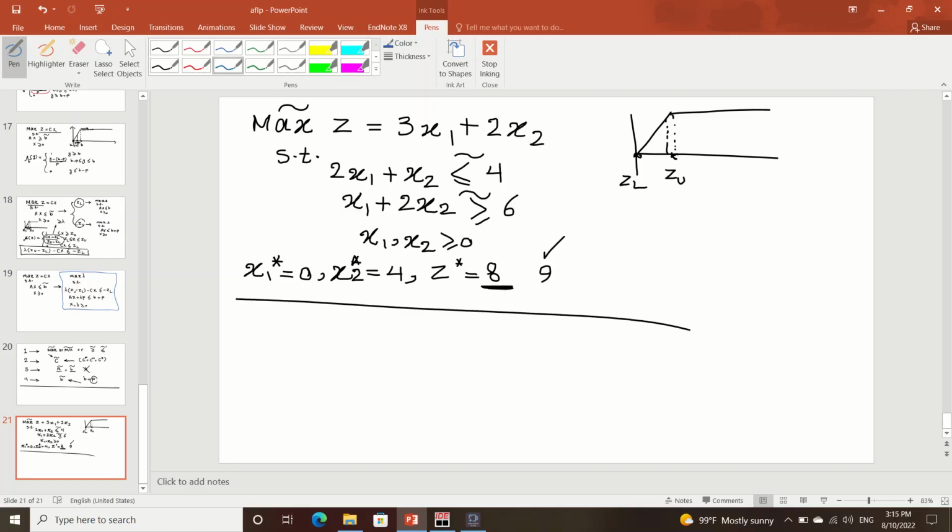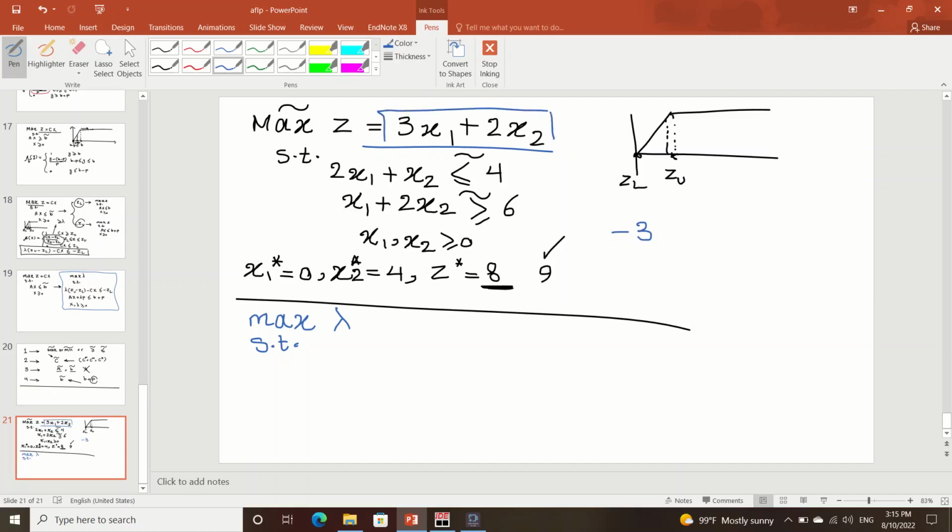The new model, the crisp model, like this: maximum lambda, subjected to. You must in the first place convert this equation.